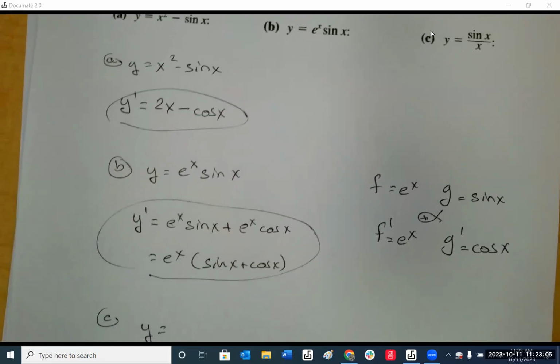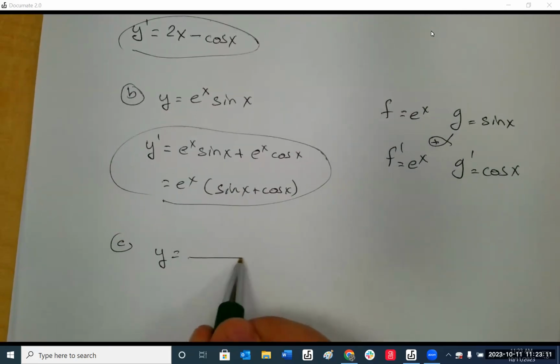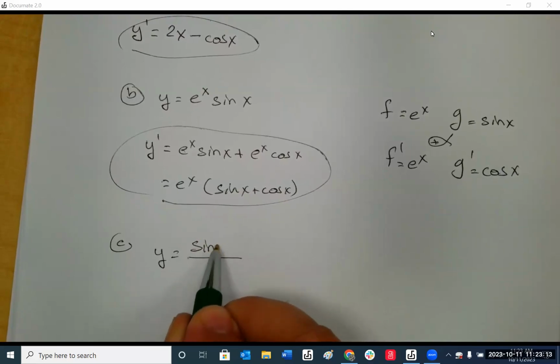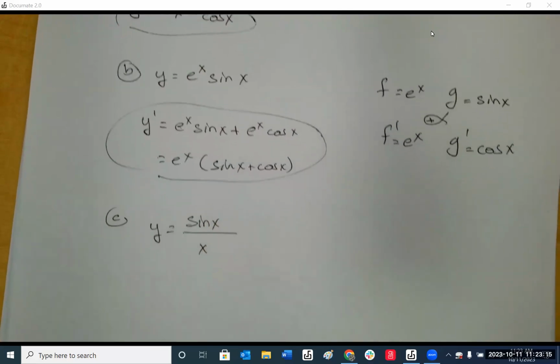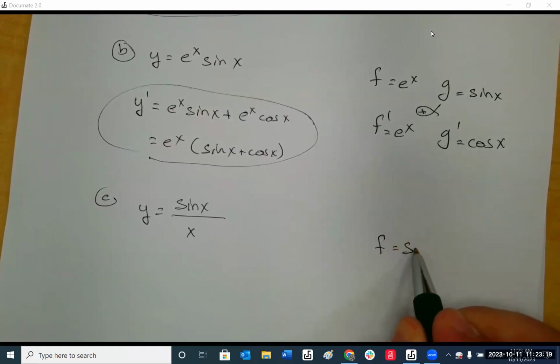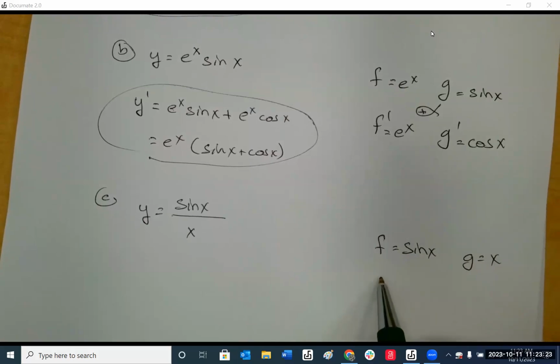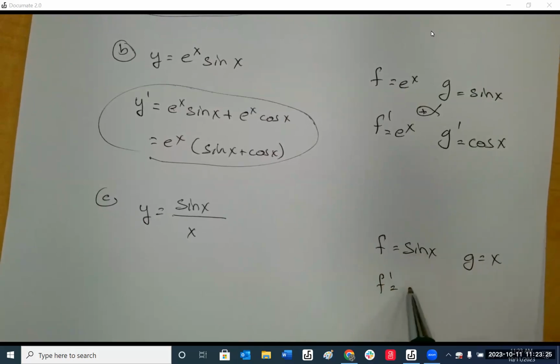I know you'll spend most of your time trying to find, okay, there's got to be another way I can rewrite this using the trig identities. Sometimes it's just as straightforward as it is. Sine x over x. The top is sine, bottom is x. Derivative of sine is cosine.